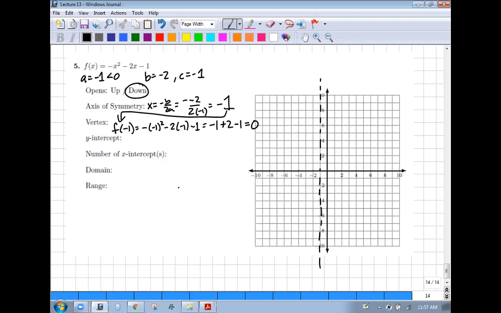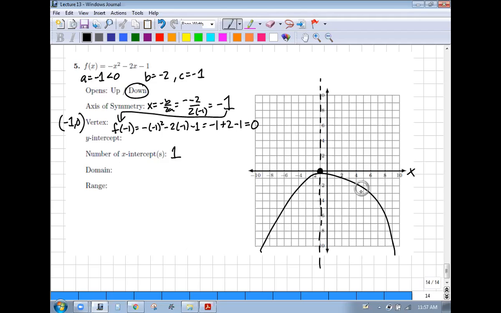So this is 0. So our vertex is at -1, 0. So right here. Okay. And it opens downward, so it looks something like this, maybe like this. Either way, the number of x-intercepts, we only have 1 because it's just touching the x-axis here.